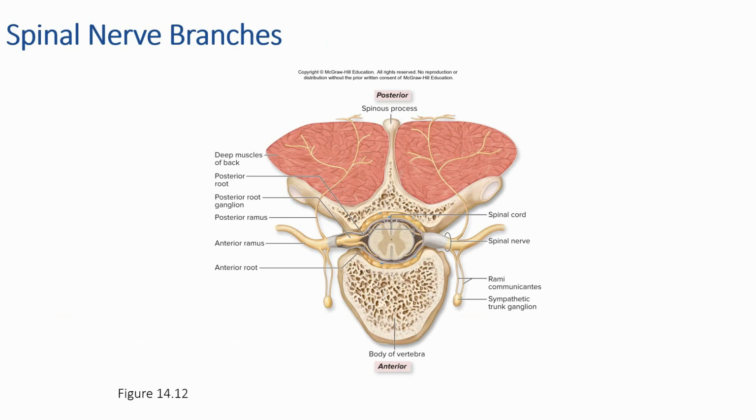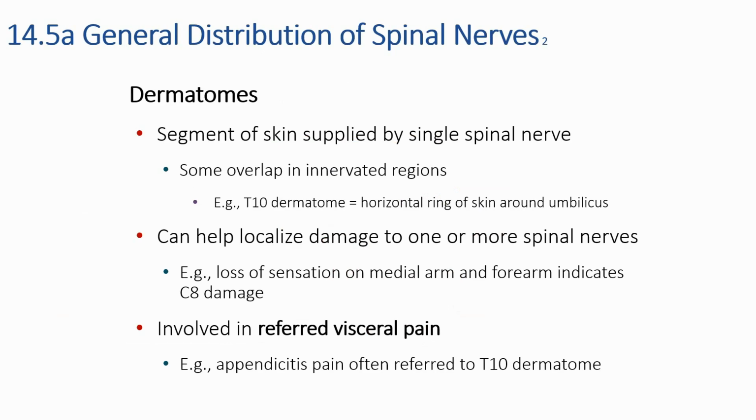But here's a great picture of our posterior and our anterior rami. The posterior goes back, does just a couple muscles of the low back and upper back, whereas the anterior ramus does basically everything else.